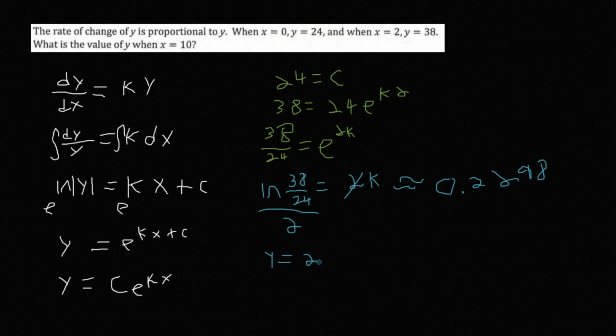So we're going to say 24 e to the 10 times k, which is this, 10 times 0.2298, which is about 238.8.